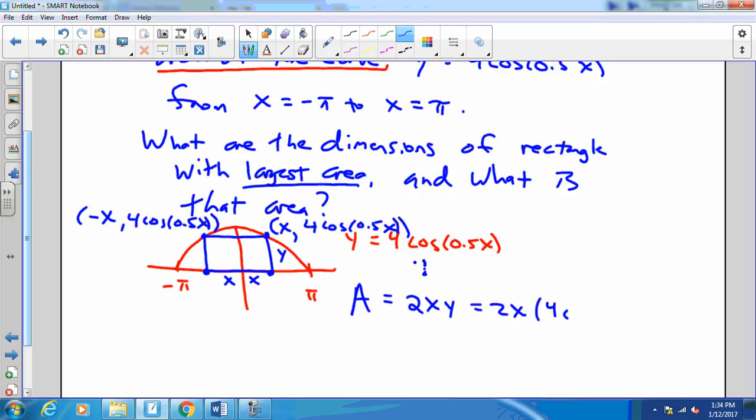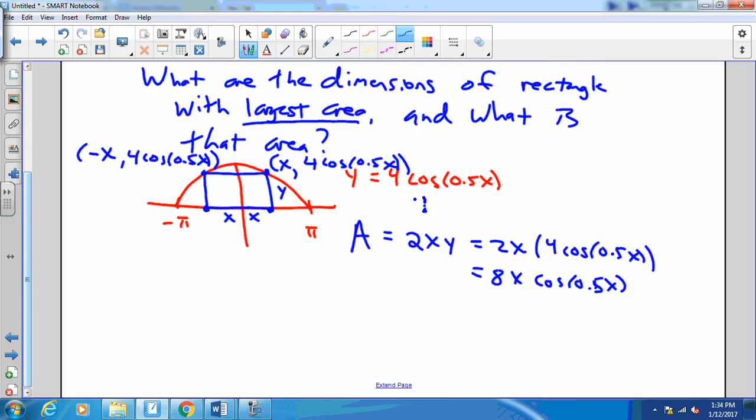And furthermore, since y is known, I can immediately replace it. Replace y with what it is. So this gives me a perfectly legitimate area function.